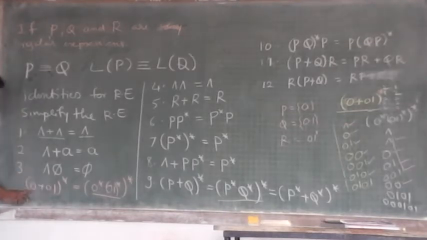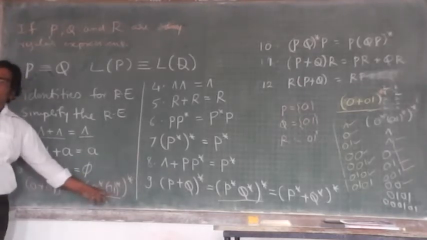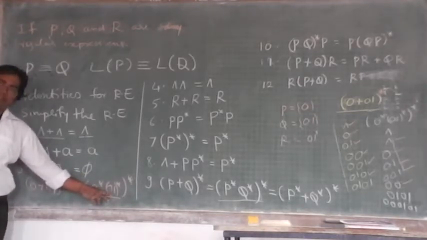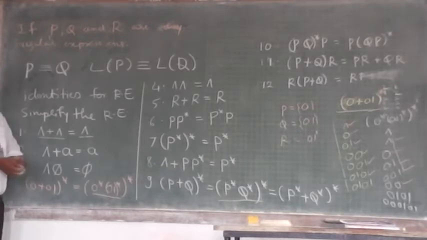Exactly what I am doing here in this part of the expression. Here you are able to select 0 or 0 1, not both. Any one of these two you are able to select. Exactly the same kind of behavior I can find in this case. So that is why these two regular expressions are equivalent.